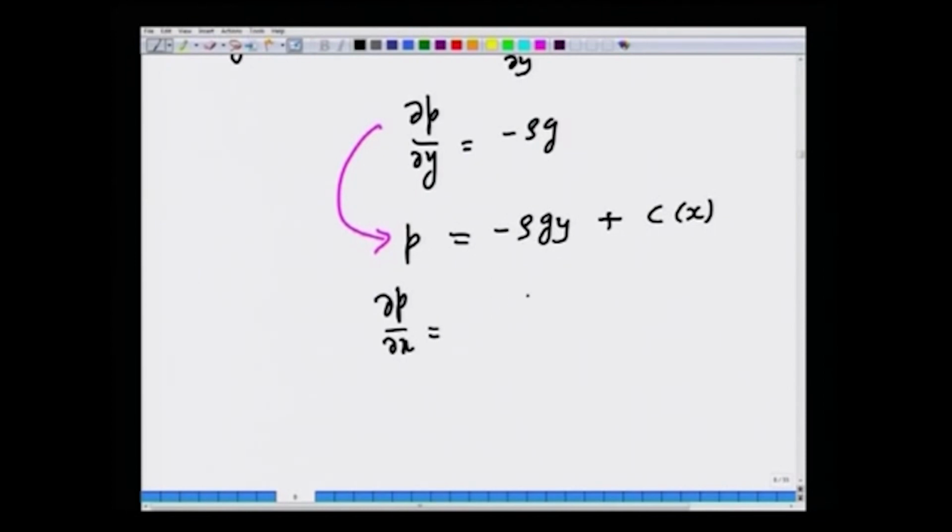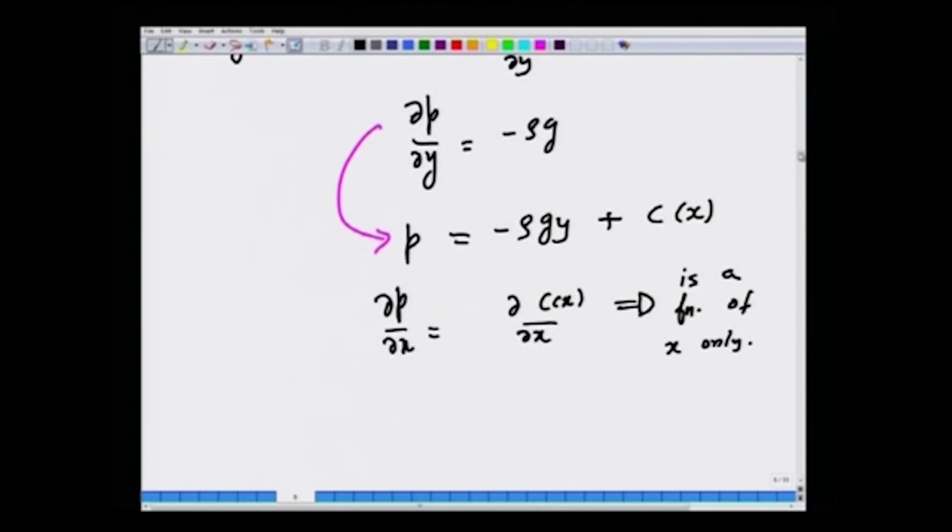So, what this means is that partial p partial x is partial c of x by partial x, a function of x only. It is not a function of y.